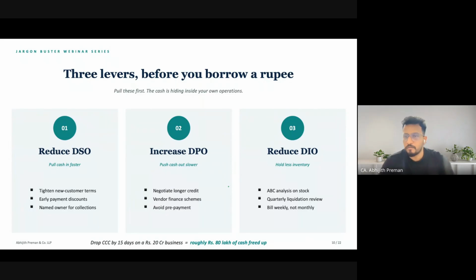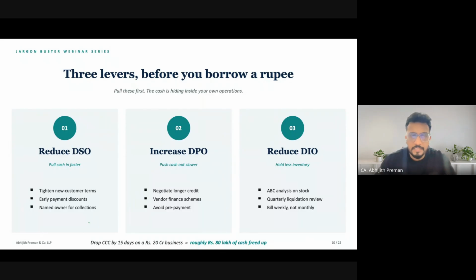Then bill weekly, not monthly. So you need to follow some pattern wherein if at all you are able to bill daily, that's well and good. But don't follow a monthly billing pattern just to have a uniformity or just to standardize the operation. If you do that, you are actually losing a lot on the cash flow.